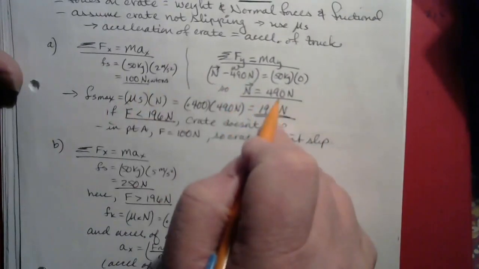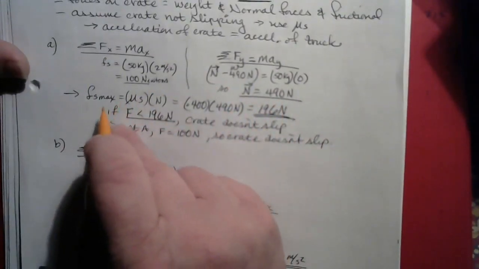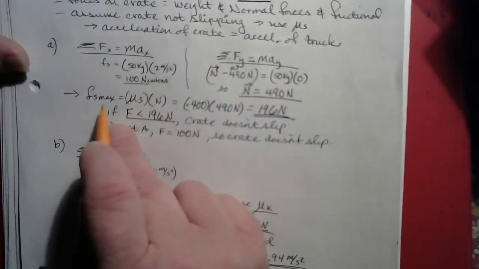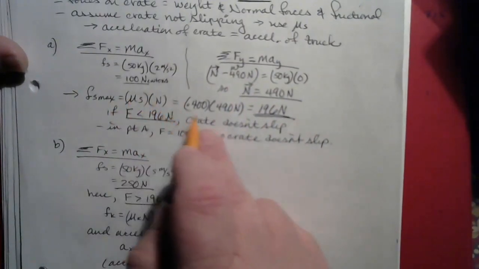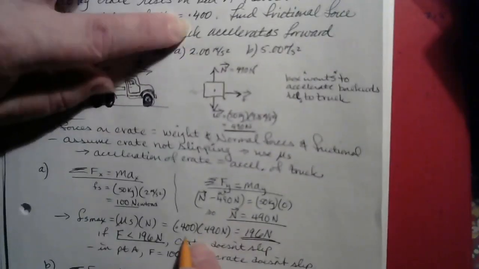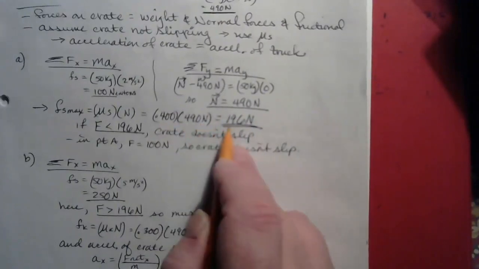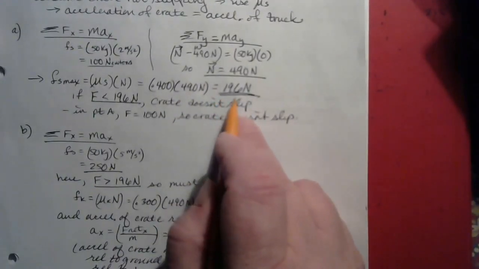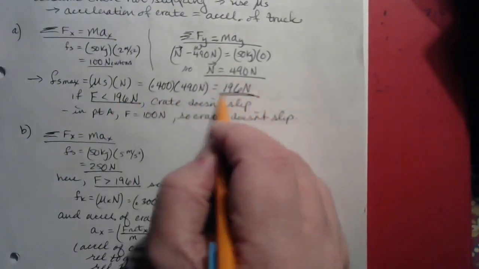Okay, now that we have the normal force, we can find out that the maximum amount of static friction on the box would be the coefficient of static friction times the normal force. And the problem told us that the coefficient of static friction is 0.4 and the normal force is 490. So the maximum amount of frictional force for static friction would be 196 newtons.